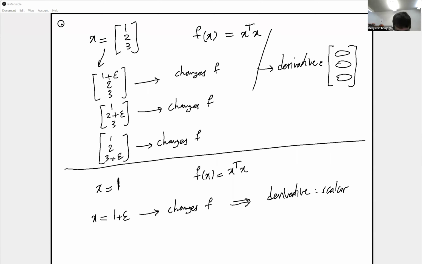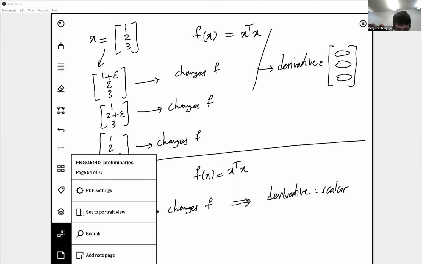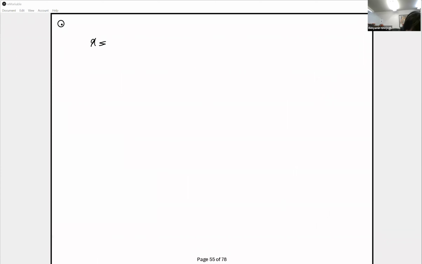Let's go to the next page, another note. Assume x is three-dimensional, 2, 3, 4. F of x is also a vector. For example, this is x1. By x1, I mean the first element, x2, x3.